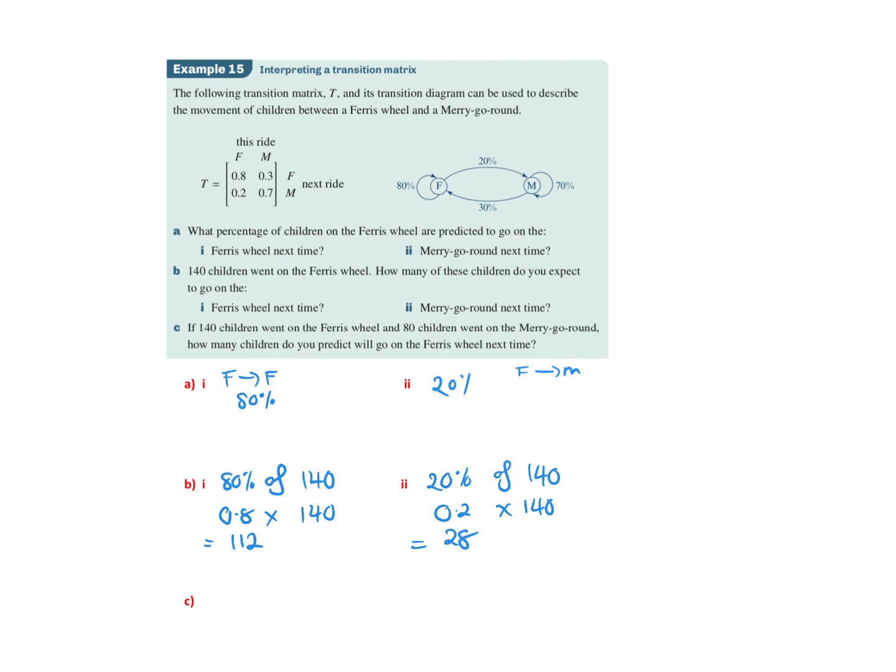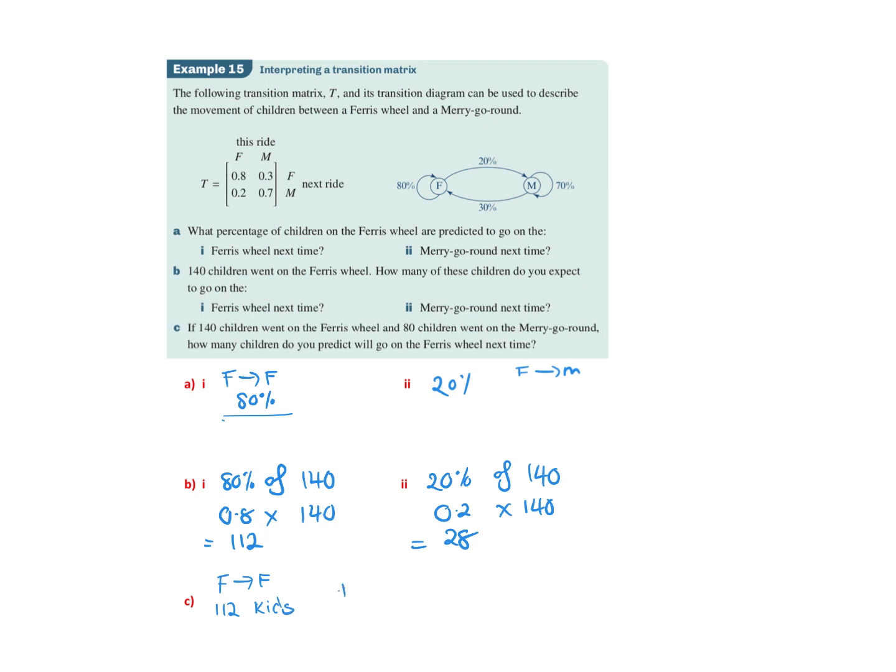Okay, so do that on your calculator and see. If 140 children went on the Ferris wheel and 80 went on the merry-go-round, how many will we predict to go on the Ferris wheel? So we needed the Ferris wheel to the Ferris wheel, which we worked out here, which was 80%, and we said that was 112 kids.